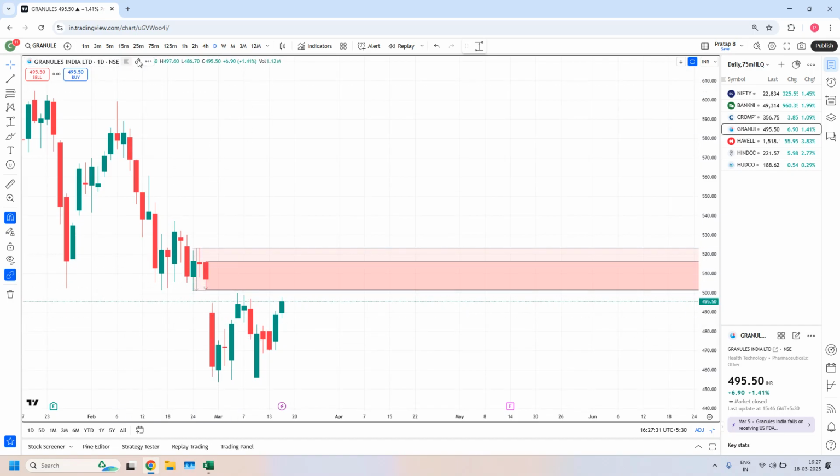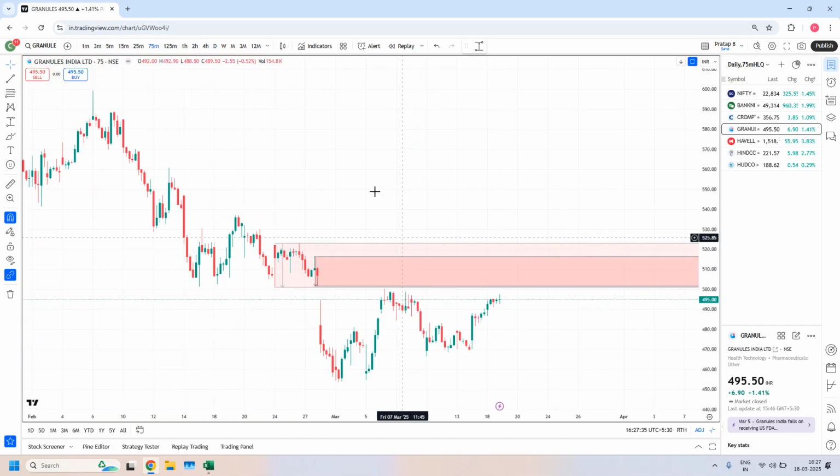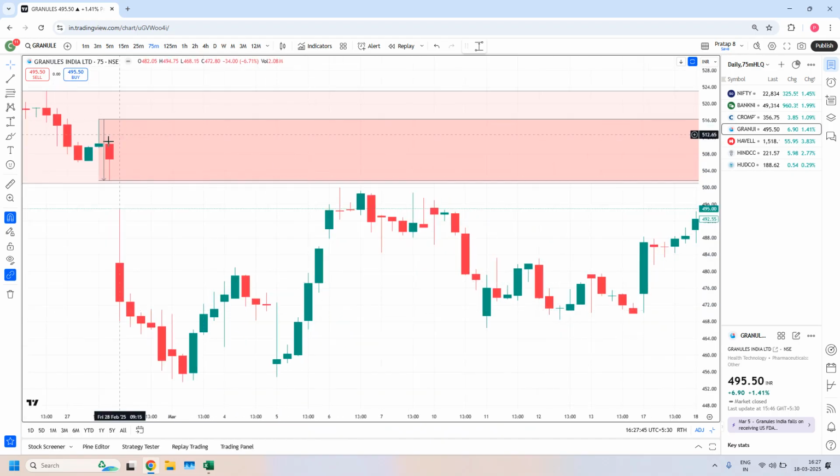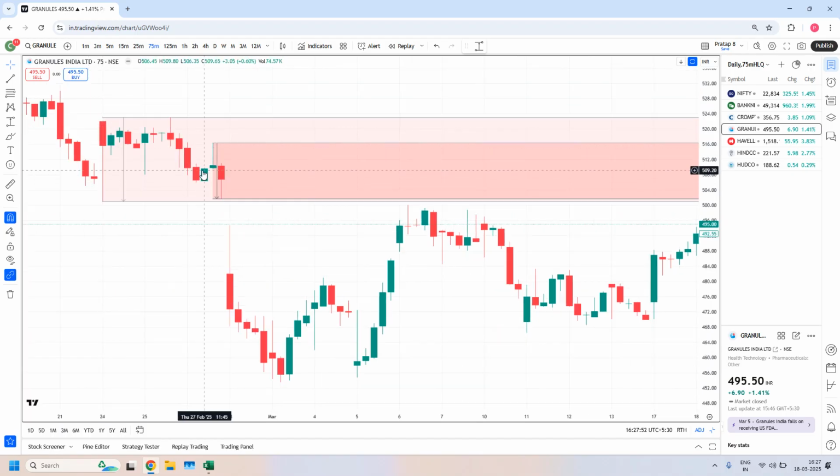This is the area we have drawn as the 75 minutes zone. You can consider drop, 1, 2, 3, 4 base candles, a drop candle. That way you can consider, or if you are convinced this is not a small candle, if you are convinced this is a medium size candle, then also you can say rally, 2 base candles, drop. Anyway, the structure does not impact.